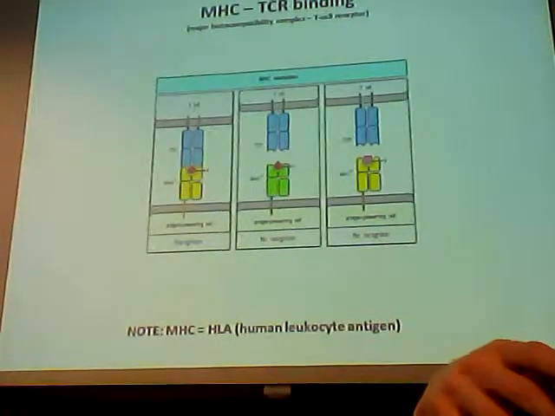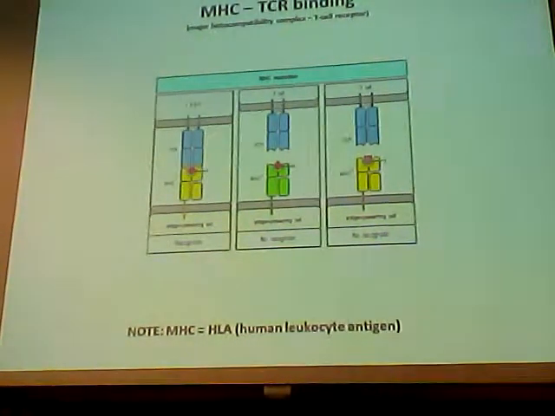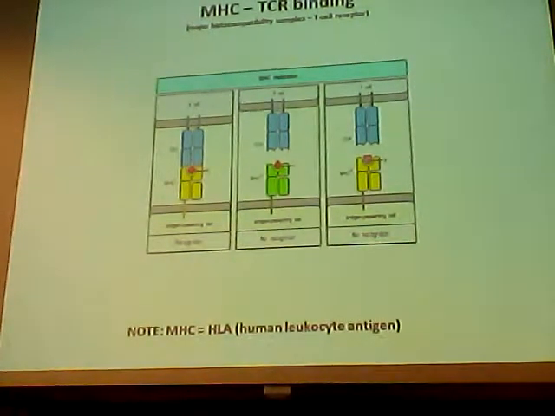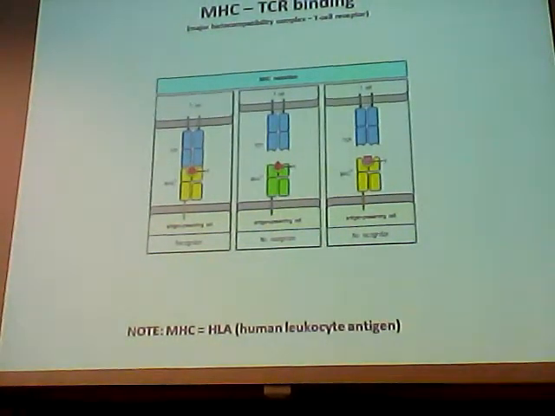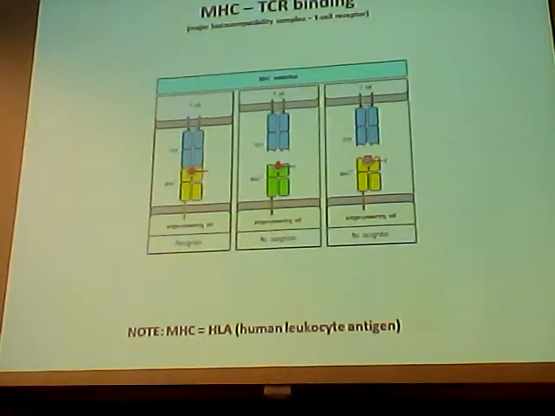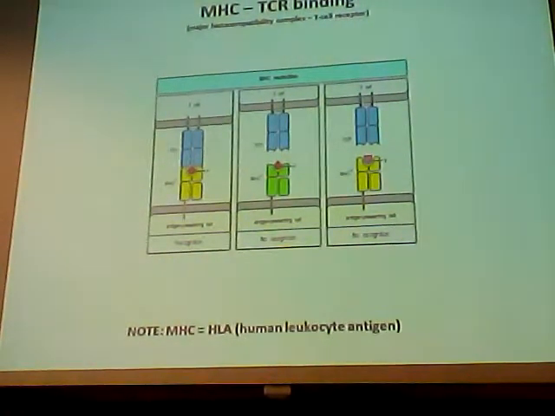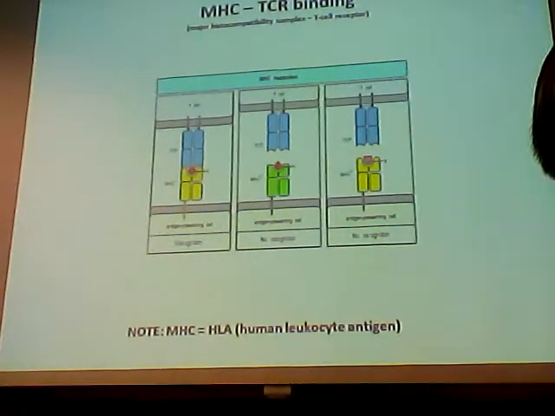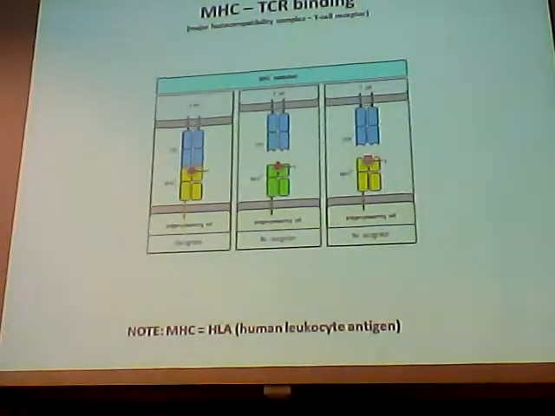Also note that the MHCs are also called HLA, human leukocyte antigen. MHC class 1 is more for self antigens, and that deals with CD8 or cytotoxic T cells, whereas MHC class 2 deals with foreign, and that's CD4 with T helper cells.